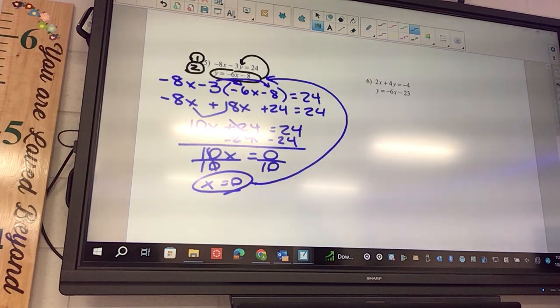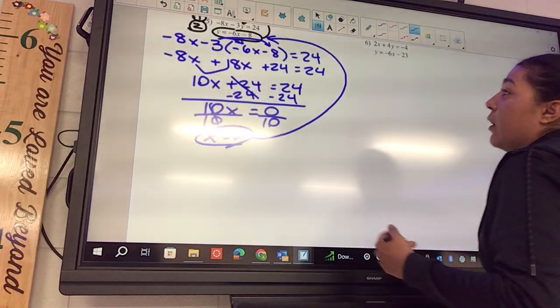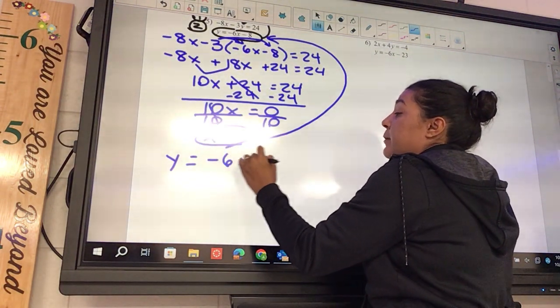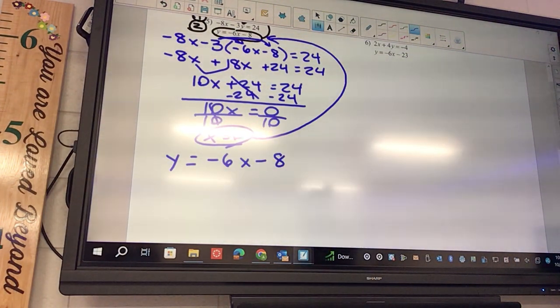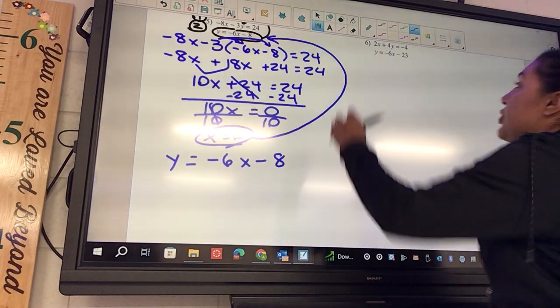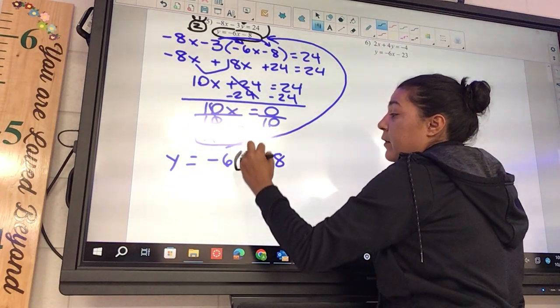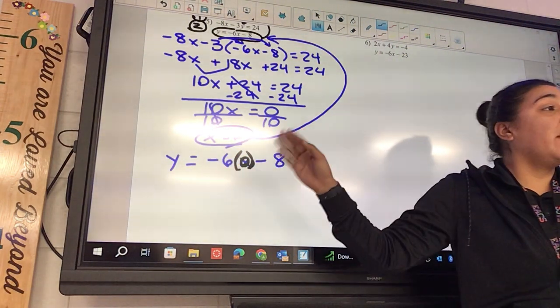Okay? Now, although that seems long, I'm going to show you a cheater way. So that equation is y equals, and I'm just copying it down, negative 6x minus 8. Now, we know our x. What is our x? 0. So wherever the x is at, we can change it and put a 0 here instead. Now this part is nice because you can type in the whole equation every single time on the calculator.